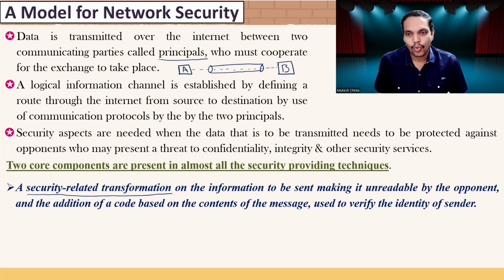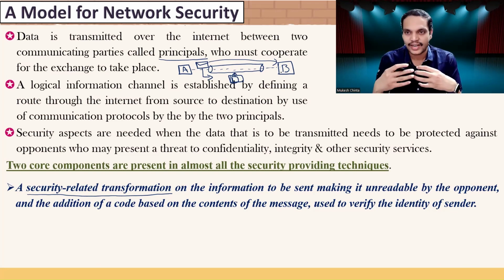So here what you are trying to do is, when A has a particular message that it wants to send across to B through the internet, it will not simply send it straightforward. It makes use of an algorithm which converts this message into an encrypted format, a format which might not be understood by a third party sitting across the network. And this message could only be read by its intended recipient, which is B.